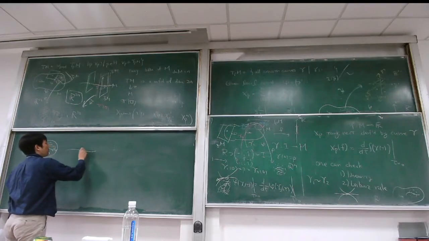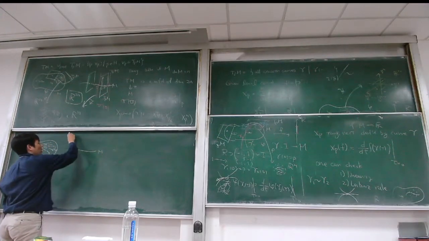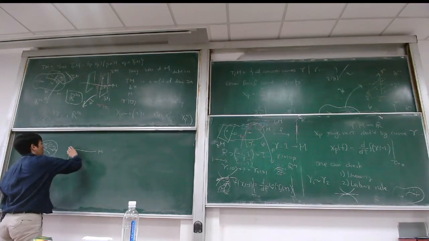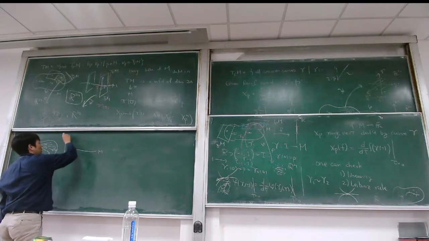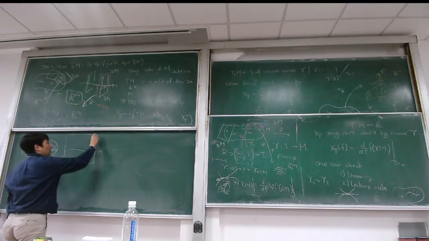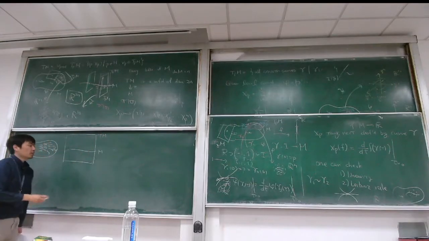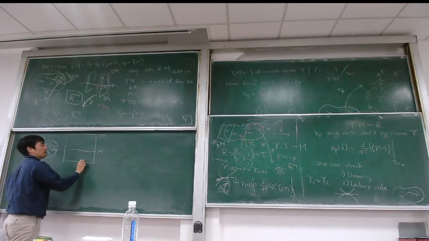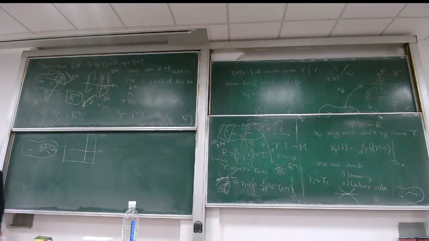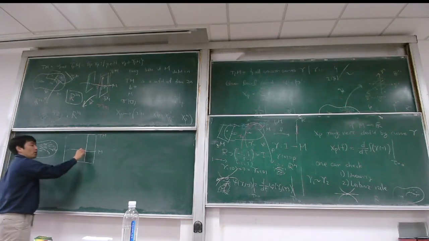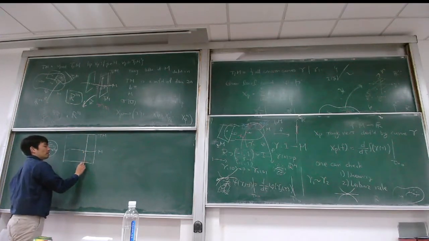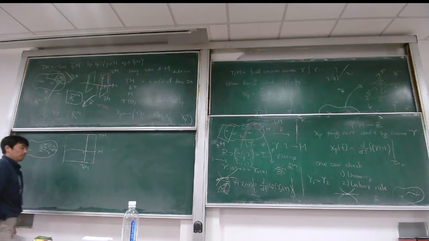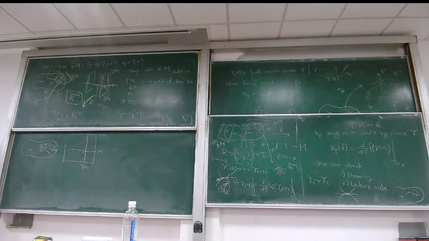And the right way to define it is: there's M and the tangent bundle T of M. At each point you have a fiber, or tangent space. At each point P, this vertical line is just a schematic diagram of the tangent space, TPM.